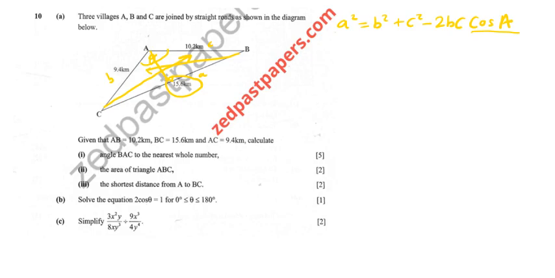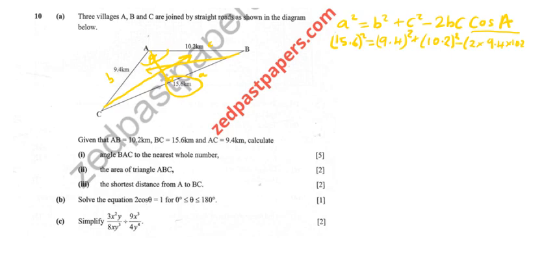So you see our a, it is 15.6 squared, in brackets, is equals to our b, it is 9.4 squared, plus our c, it is 10.2 squared, minus, now here you can even do open bracket, 2 multiplied by 9.4 multiplied by 10.2.